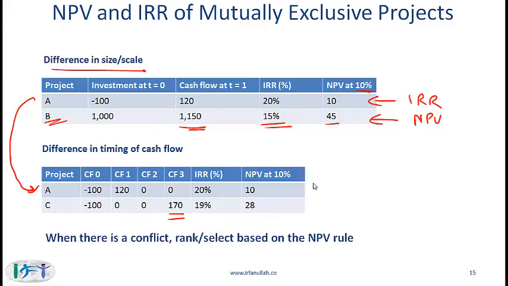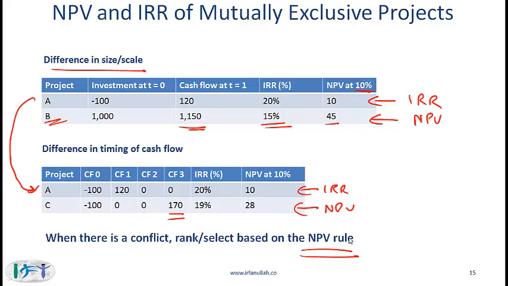So here again, based on the IRR, we would select project A, but based on NPV, we will select project C. So the question is, when there is a conflict between what IRR is telling you and what NPV is telling you, what should you do? The answer is, you should always rank or select based on the NPV rule.